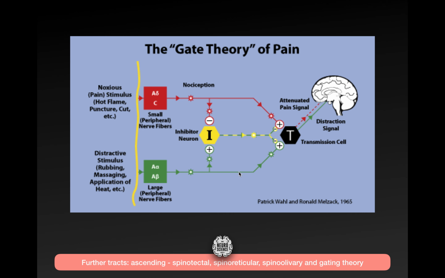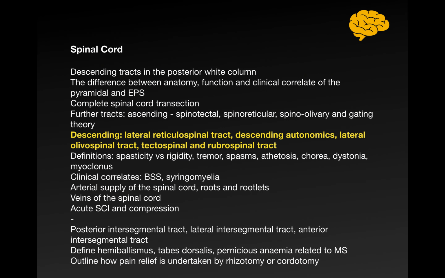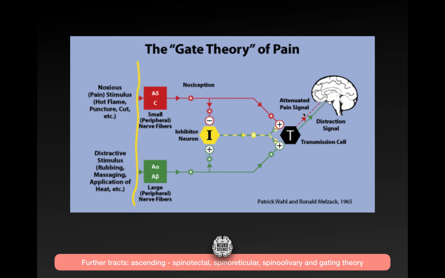And they go to the central nervous system to say, hey, there's some rubbing going on, but they also go to this peripheral inhibitor neuron, which says, no, this rubbing is more important than this pain. So I want you to turn on this inhibitor neuron. And this inhibitor neuron comes and makes sure that the A delta and C fibers aren't transmitting to the central nervous system. And that is the rationale of Melzack and Wall's gate control theory of pain, okay?